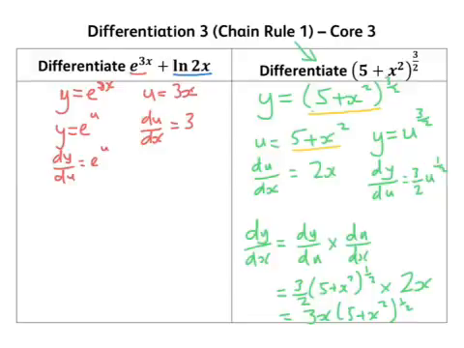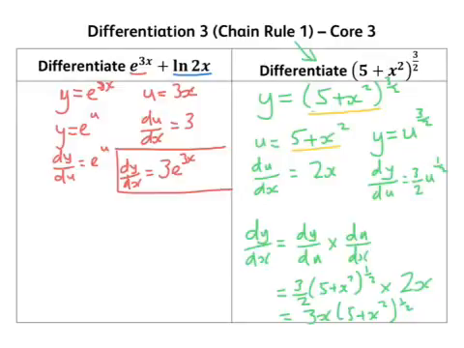So therefore dy dx for this bit, in red, is going to be dy du times du dx, so I'm going to get 3e to the 3x. And that should show you where the differentials for these come from.